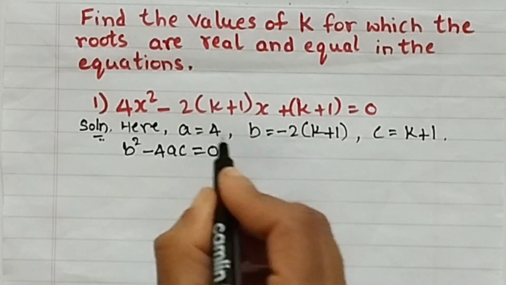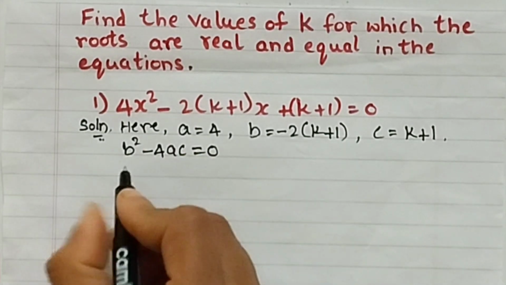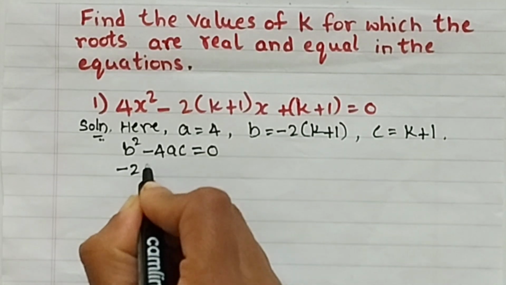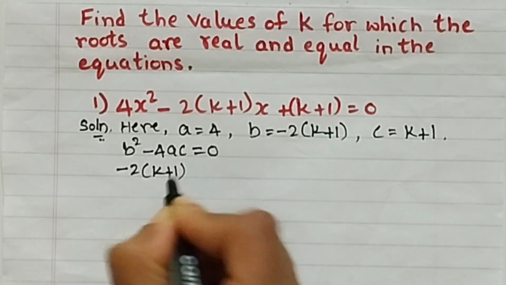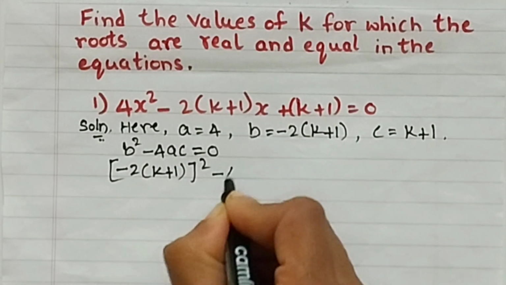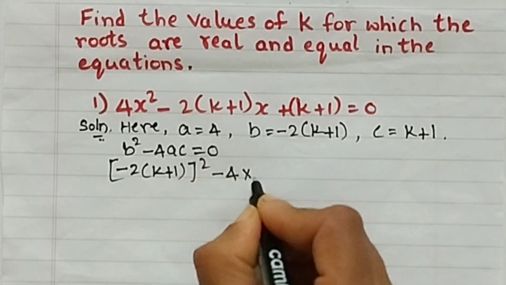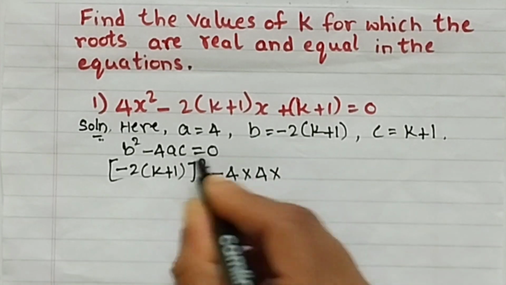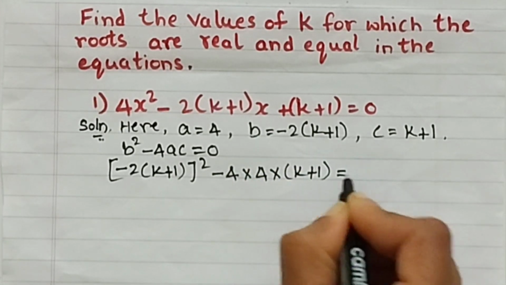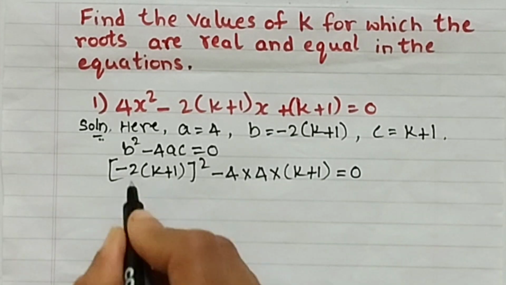Substituting these values here, b square, that is minus 2(k+1) whole square, minus 4 into a is 4, into c is k plus 1, is equal to 0.